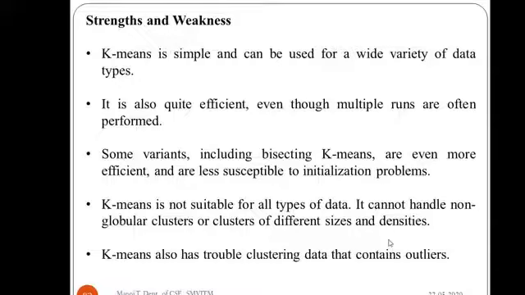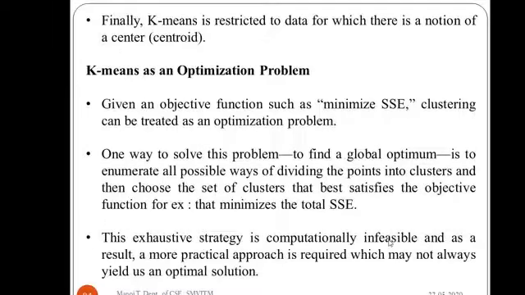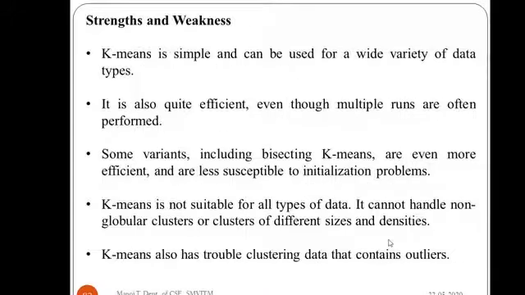So these two are the weaknesses, and you can add another one: k-means is restricted to data for which there is a notion of centroid or prototype. So these are the strengths and weaknesses of the k-means algorithm.